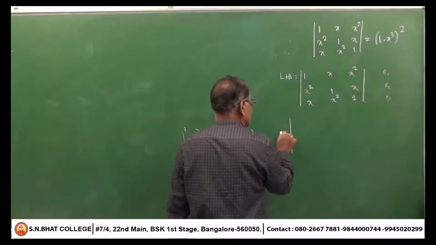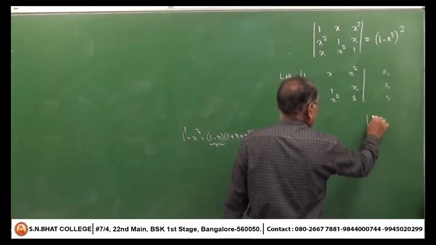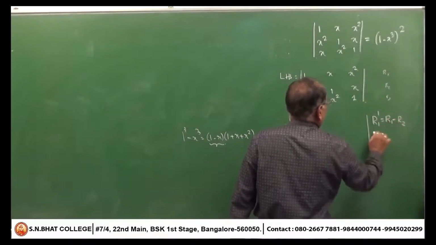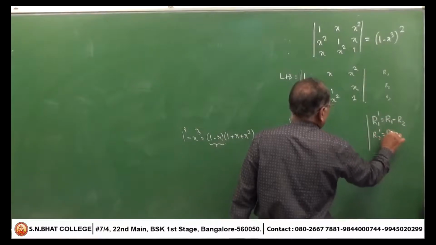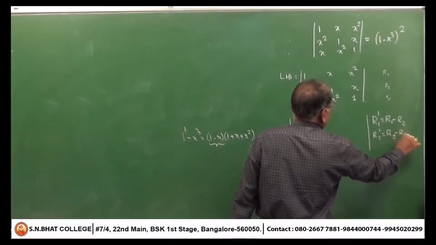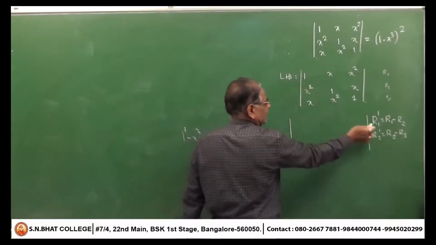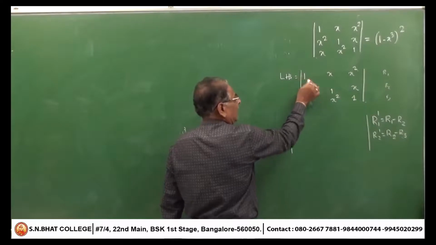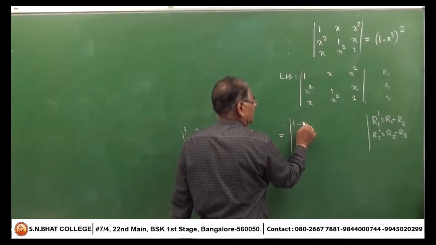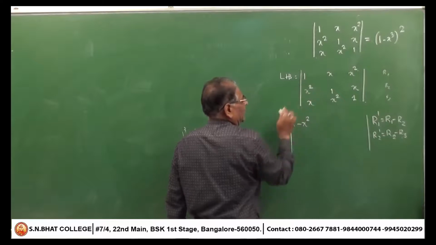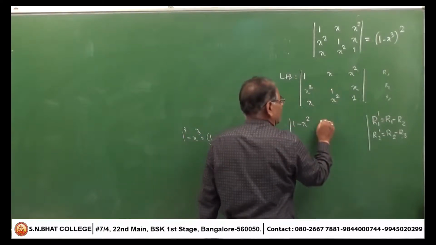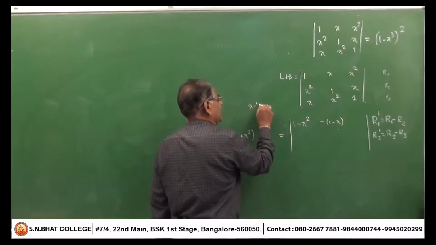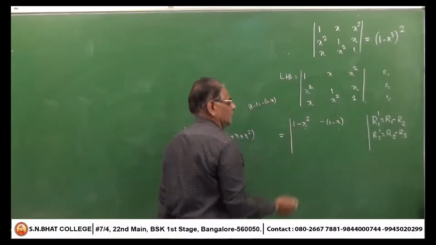Therefore, the row operations are R1 dash is R1 minus R2, and R2 dash is R2 minus R3. This minus this in the first case R1, this minus this in the second case R2. R1 minus R2: 1 minus x square. Then x minus 1 is minus of 1 minus x.